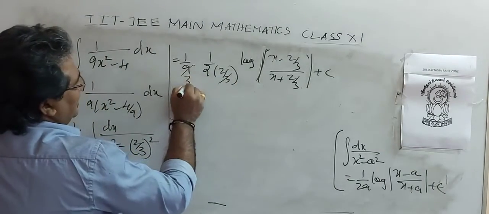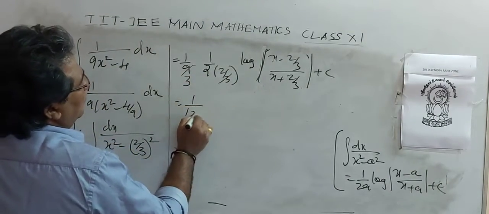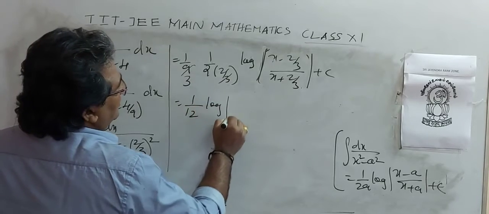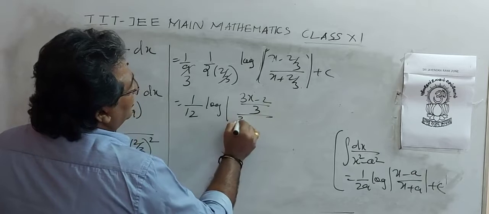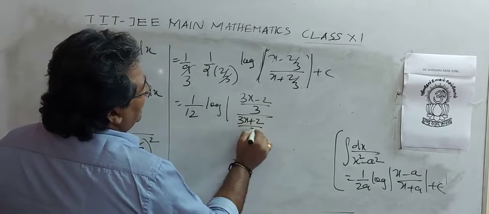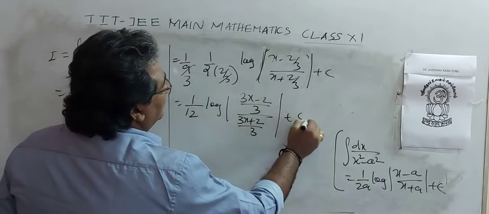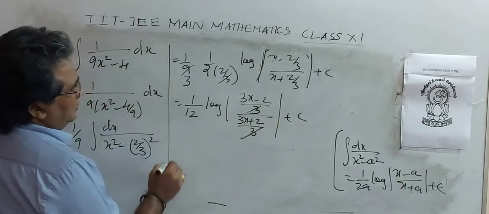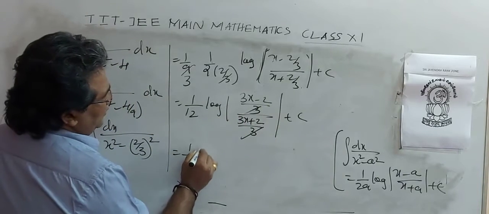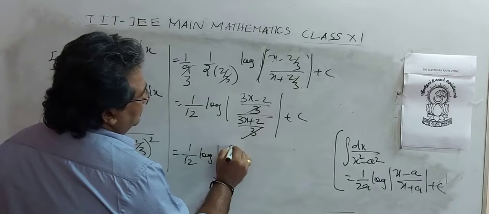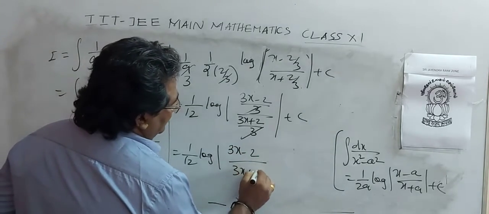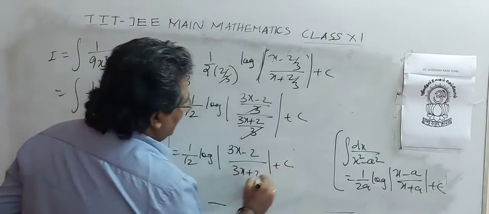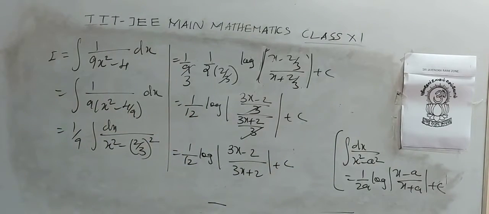Here this will be cancelled, giving 1 by 12 log (3x minus 2 by 3) by (3x plus 2 by 3) plus c, that is 1 by 12 log (3x minus 2) by (3x plus 2) plus c.